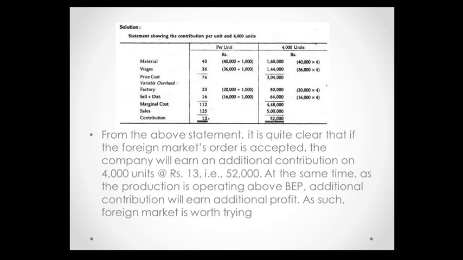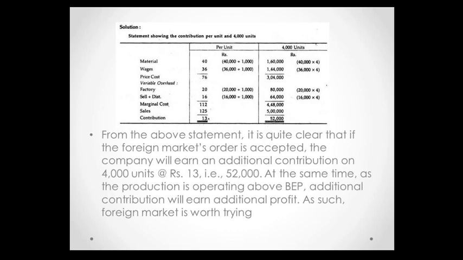Then wages, that is labor, comes to 36,000 into 4, that is the wages per unit is rupees 4, so it comes to 1 lakh 44,000. We are attaining prime cost. Then factory overheads, we have to add the factory overheads.